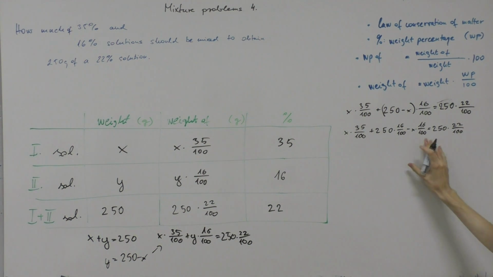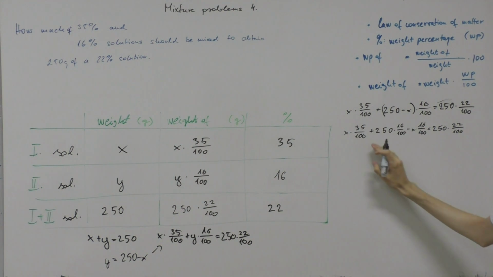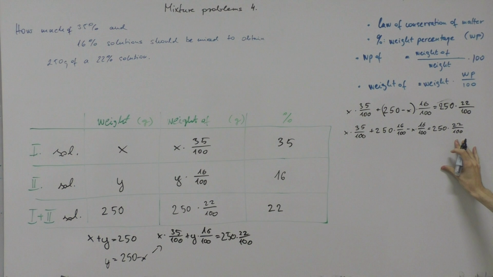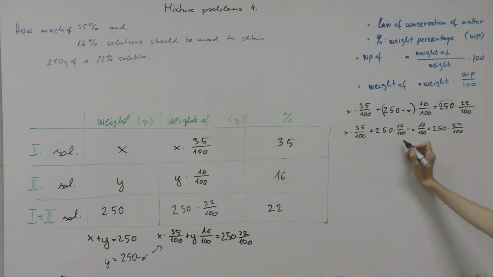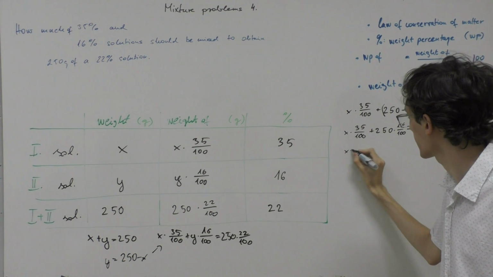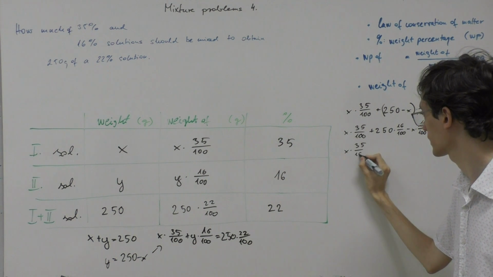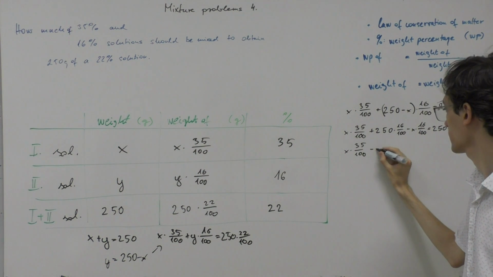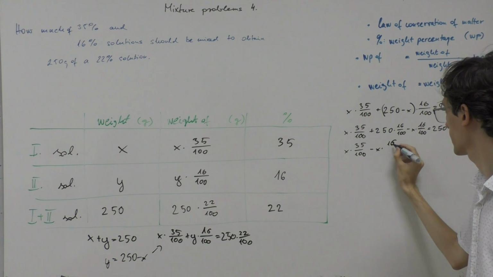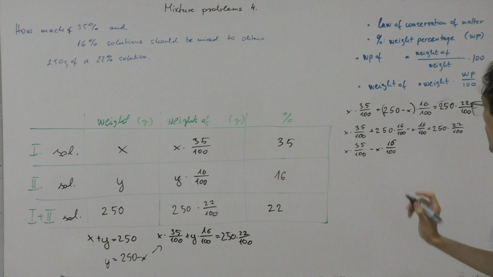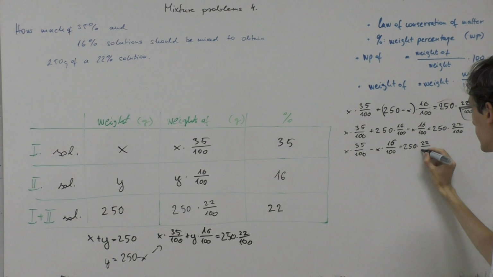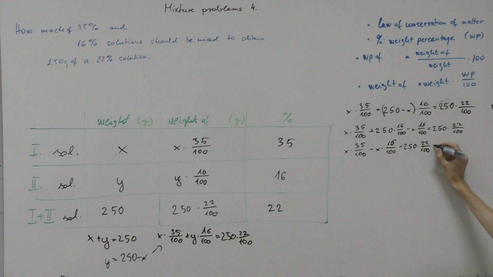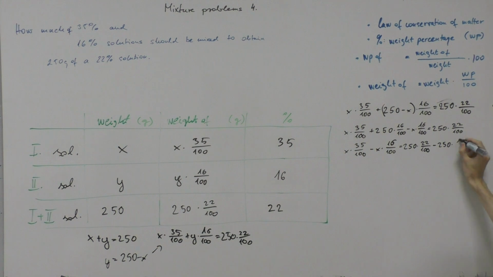Now we must bring all the variables to this side and all numbers to this side, and to do that we must subtract 250 times 16 over 100 from both sides, and we will get x times 35 over 100 minus x times 16 over 100 equals 250 times 22 over 100 minus 250 times 16 over 100.